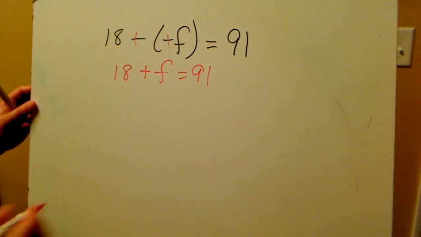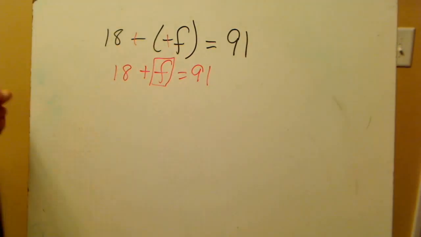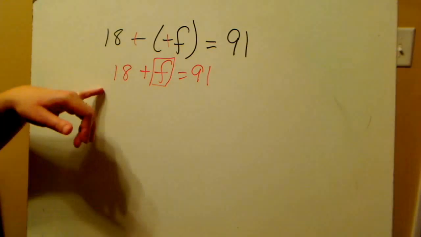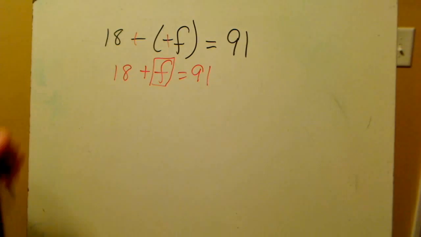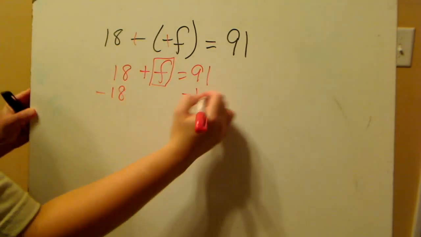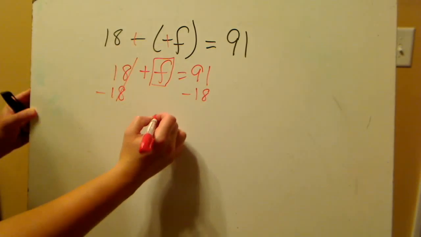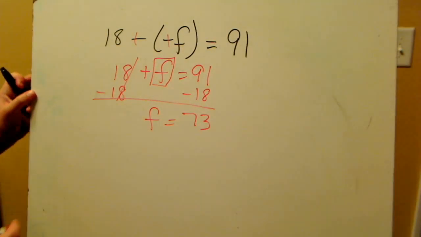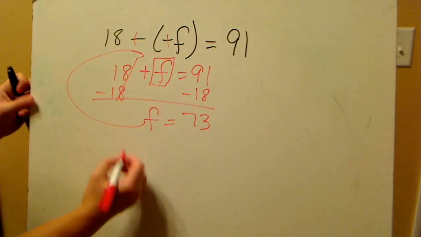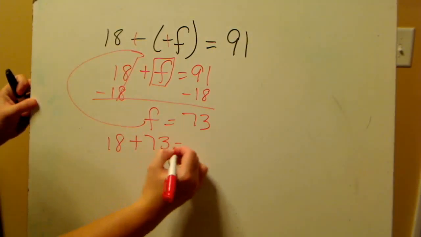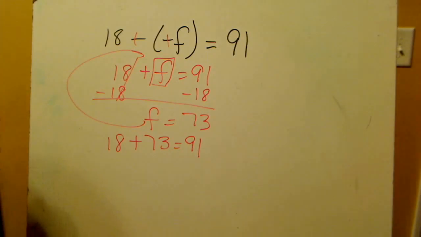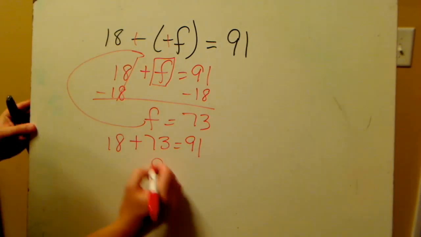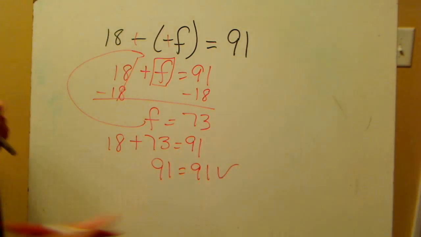Isolate my variable, make it by itself. In order to do that, I need to move stuff over. 18 is positive, so to get rid of it, we're going to subtract. 91 minus 18 gives me 73. Plug it back in to make sure. 18 plus 73 does give me 91. And those check out at the end.